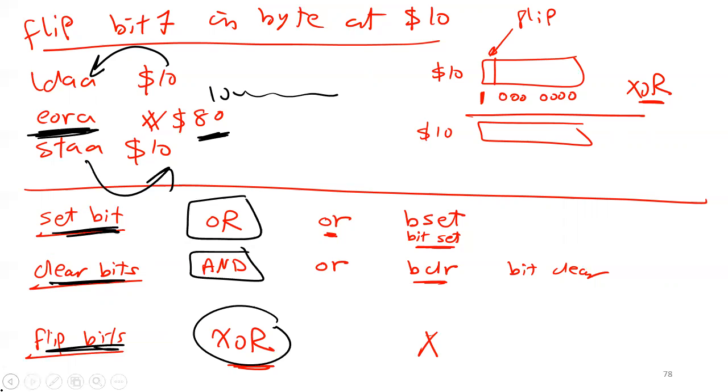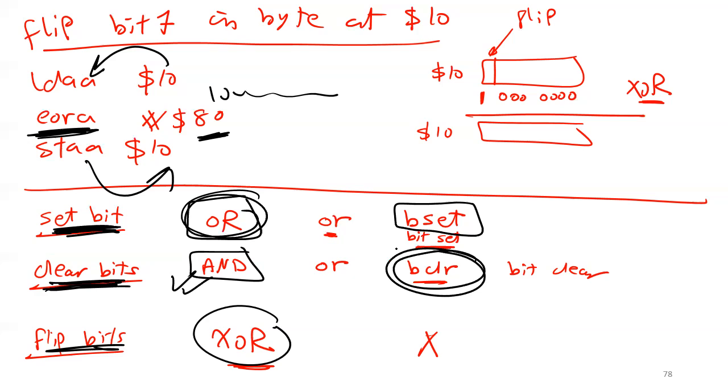If you want to set some bits, you can use OR, as I explained, or you can use another instruction called bit set. This instruction is used if you want to set some bits, and it is exactly similar to the use of OR. Same thing if you want to clear some bits: you can use AND, as I explained, or you can use another one called bit clear.